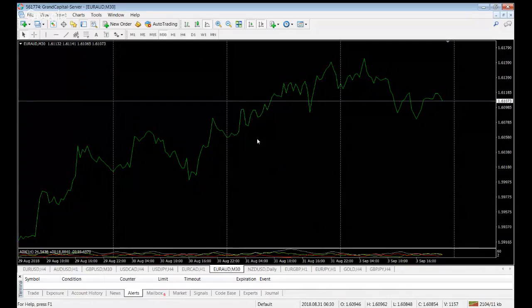For every 15 minutes, there's always a closing price, which is where the price closes in that 15 minutes. The next 15 minutes will pick up from there. So it simply means that in the line chart, a line is being drawn from one closing price to the next.